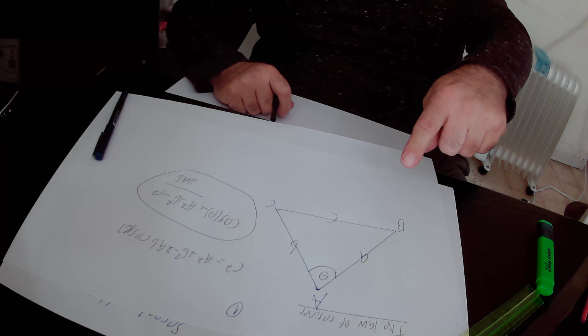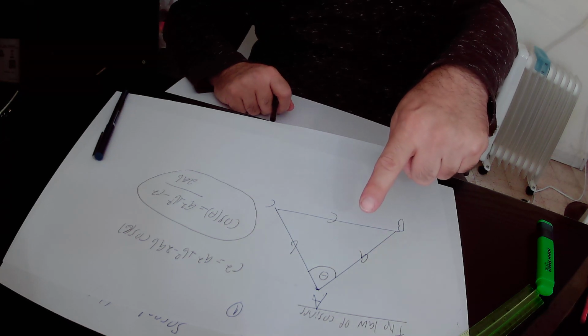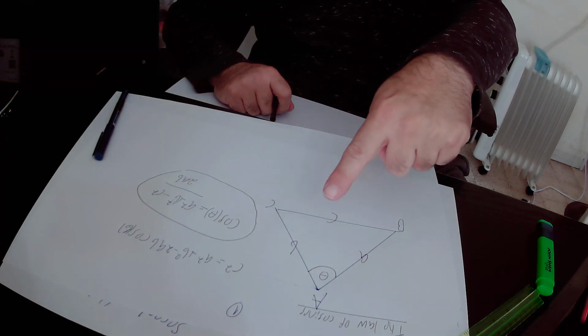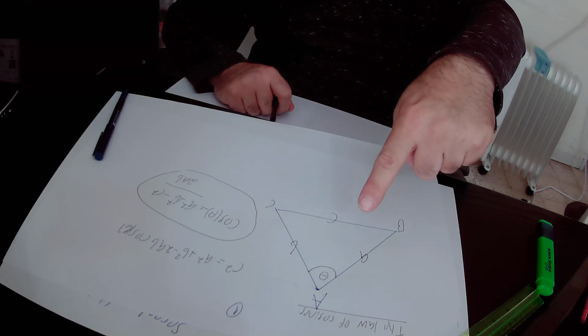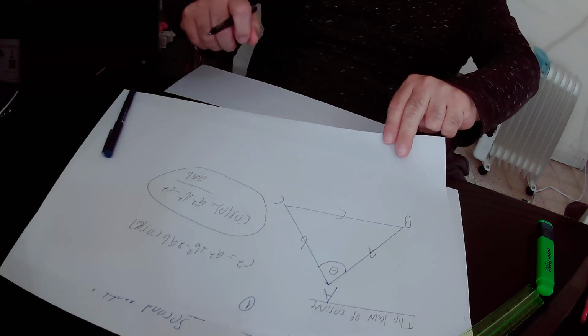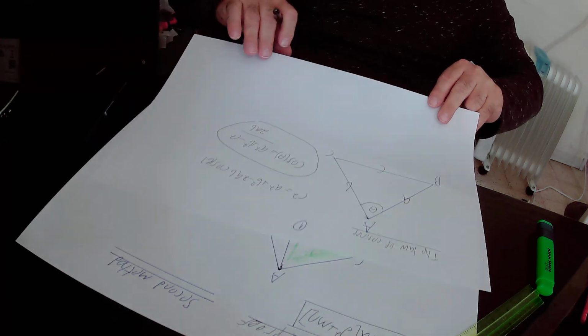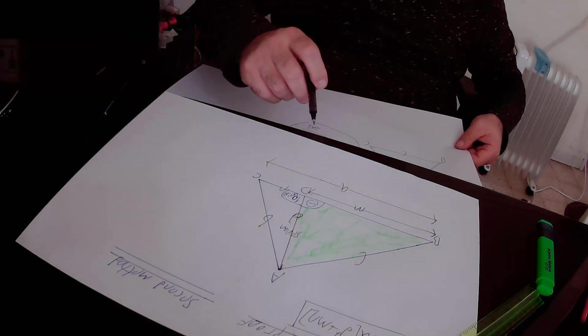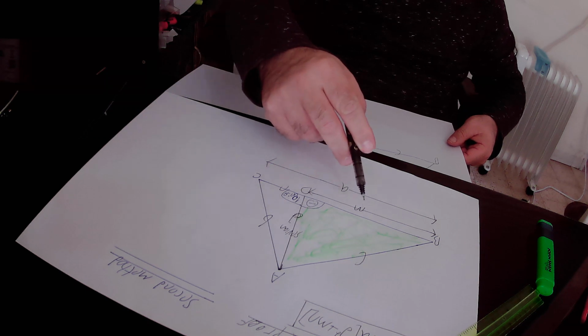Again, this triangle ABC could be any triangle: cosine theta equals A square plus B square minus C square over 2 times A times B. We will implement the law of cosines in our green triangle, triangle ABD.